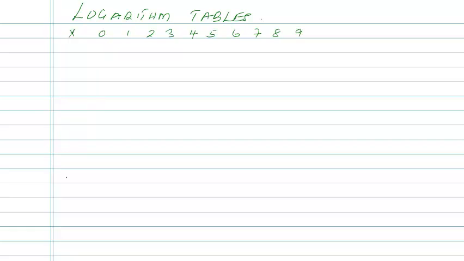Then after the 9th one, we have other smaller columns, also 9 in number, reading from 1, 2, 3, 4, 5, 6, 7, 8, 9.